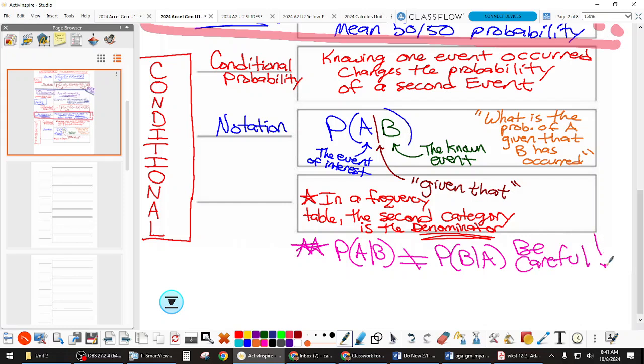Okay? The probability of A given B is not the same as B given A, so be careful. And I made a little heart on my exclamation, completely unintentionally.